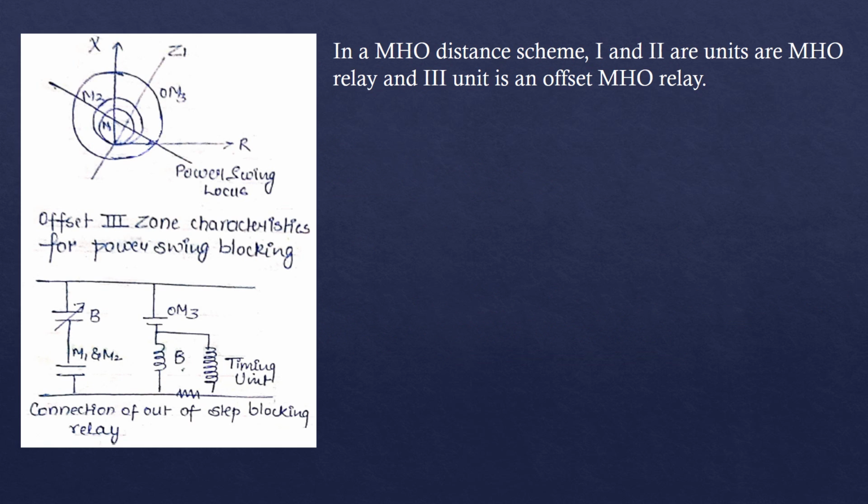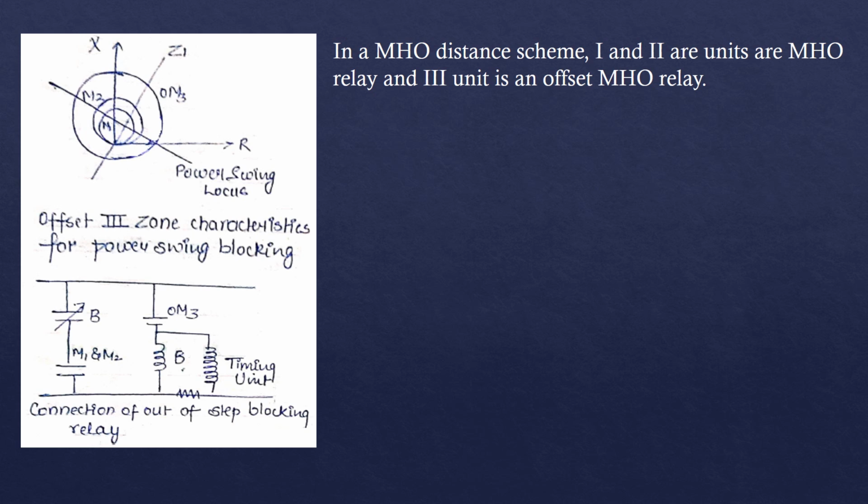Here we will be explaining the operation of the out of step blocking relay. How does the out of step blocking relay block the operation of the distance relay during power swing, but at the same time allow the operation of the distance relay during a normal fault condition? How is this done?